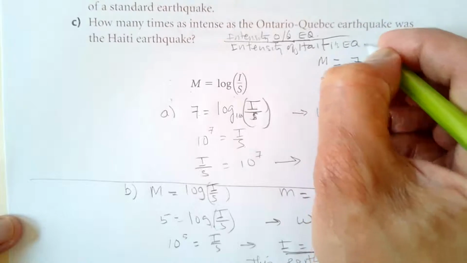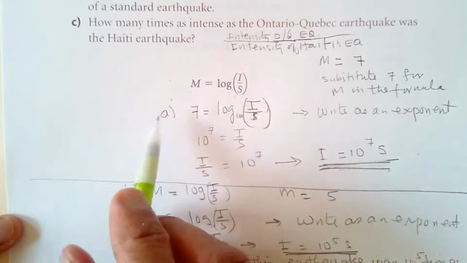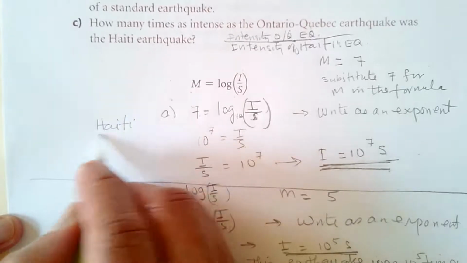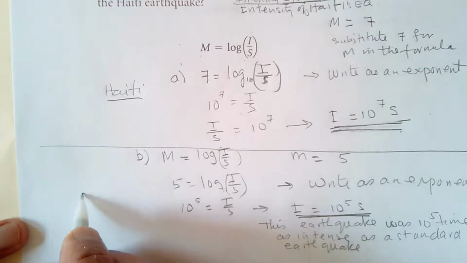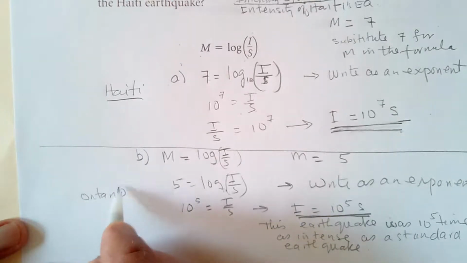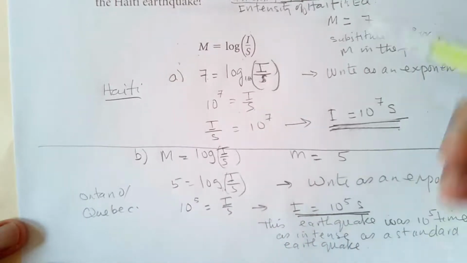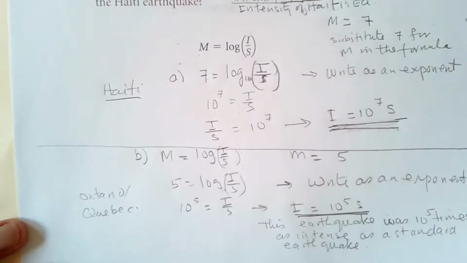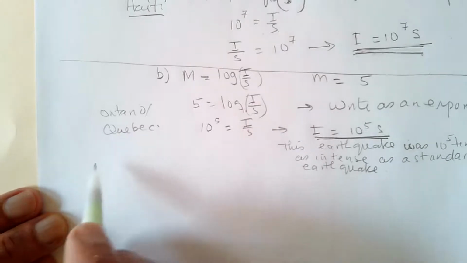We know the intensity for Haiti, and we know the intensity for the Ontario, Quebec earthquake. So basically we're going to divide the two intensities. So let's do that part here.